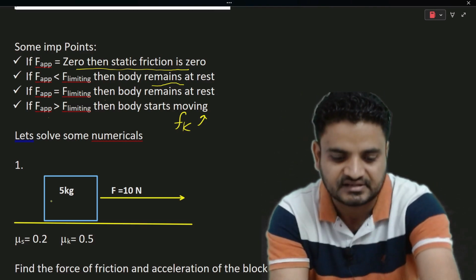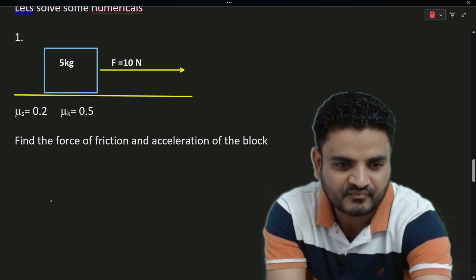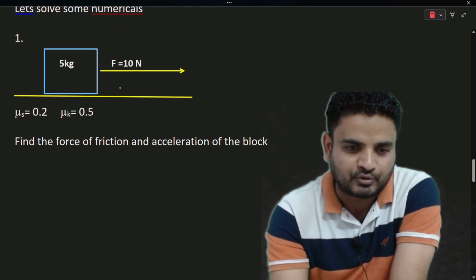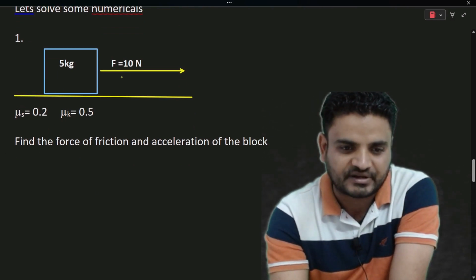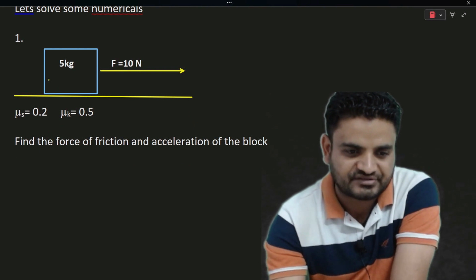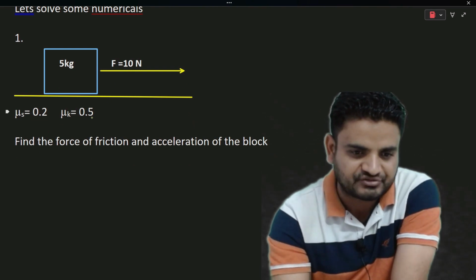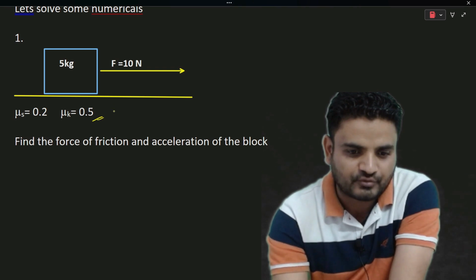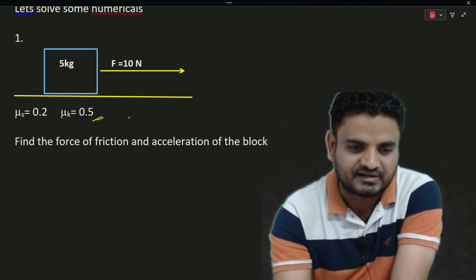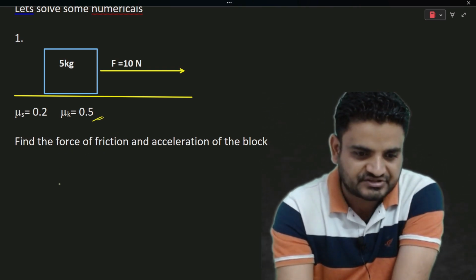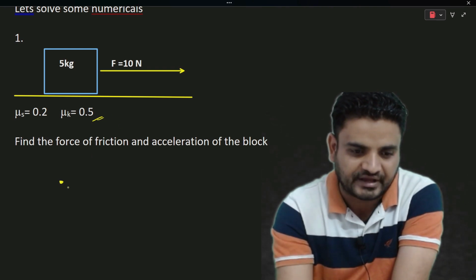Let's solve some numericals. Question number 1. There is a 5 kg block and a force of 10 Newton applied on it. Here mu s is 0.2 and mu k is 0.5. Find the force of friction and acceleration of the block. Very simple question. First we will draw the free body diagram.